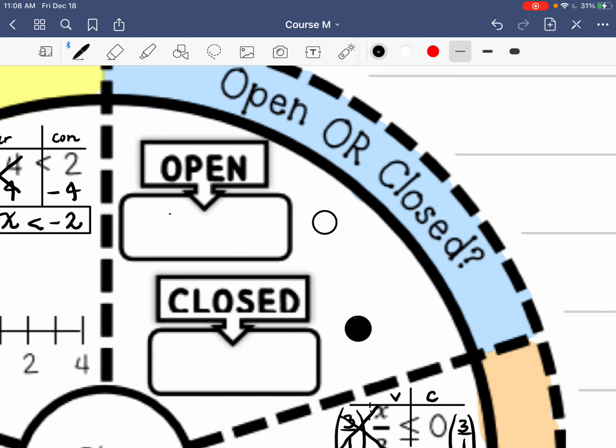So if you see a less than sign or a greater than sign, you're going to have an open interval. If you see less than equal to or greater than equal to, you're going to have a closed interval.